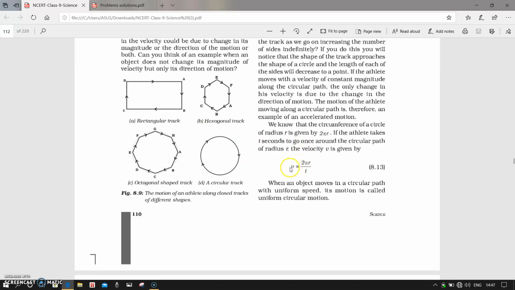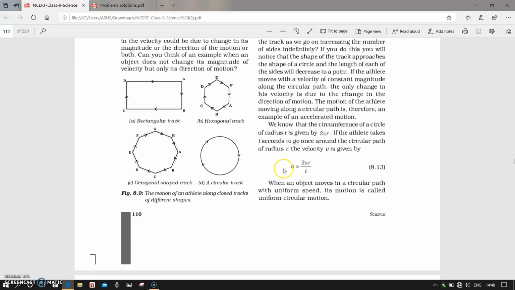If you think about velocity, you can think of this as speed also, because speed is equal to 2 pi r divided by t. Because this is not giving us direction, we can say that this is distance by time. V, meaning speed, equals distance by time, which is 2 pi r divided by t. And what is the direction of this velocity? We call it velocity because it has a direction also.